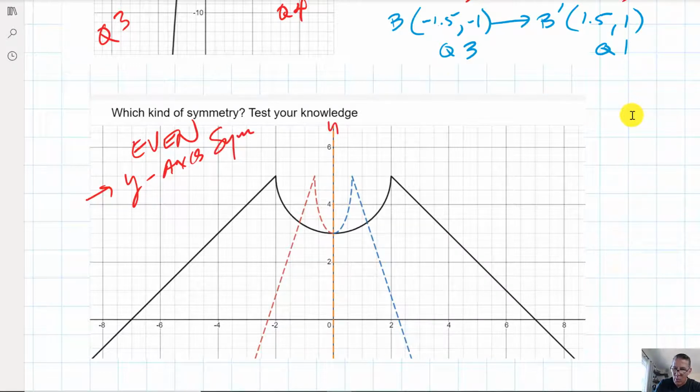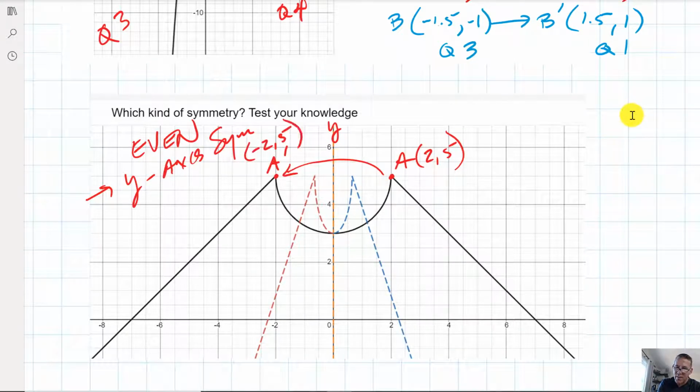It's symmetric about the y-axis, which is this orange line right here. So this point right here, A, which happens to be (2, 5), gets reflected to this point right here, A prime, which happens to be (-2, 5). Notice that only the x-coordinate changed.